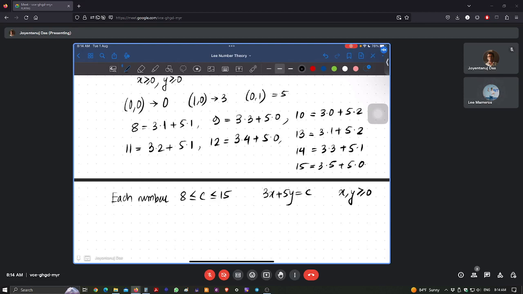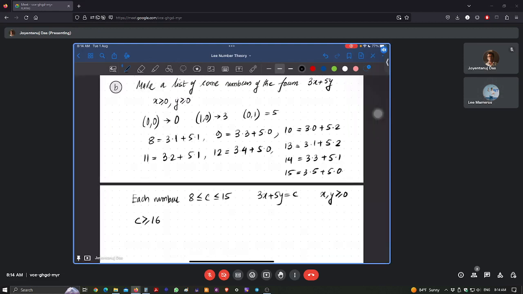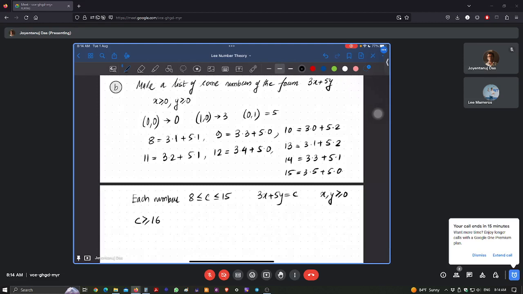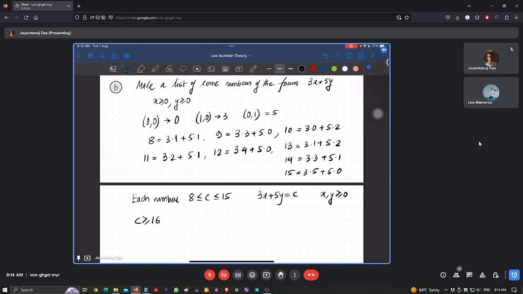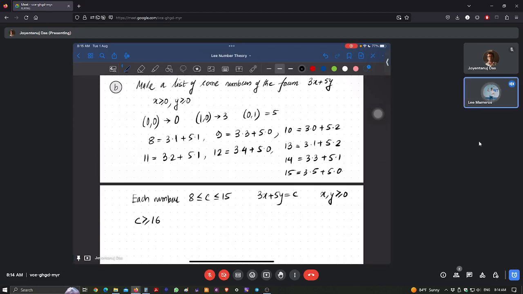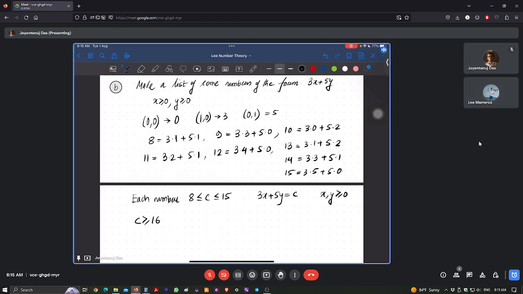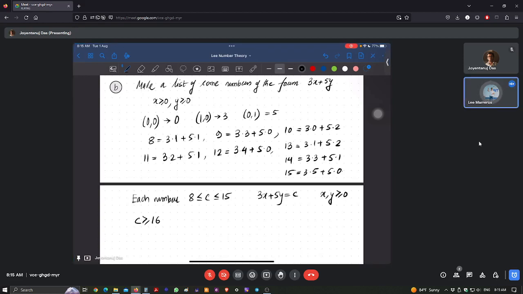So what can we say if c is greater than or equal to 16? Can you say something from this observation? I mean, we don't know. Yes, directly we don't know, but from some observation can you say something?